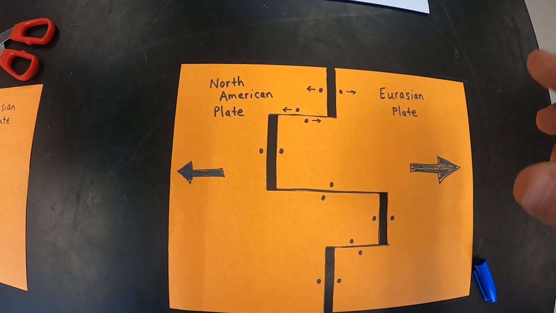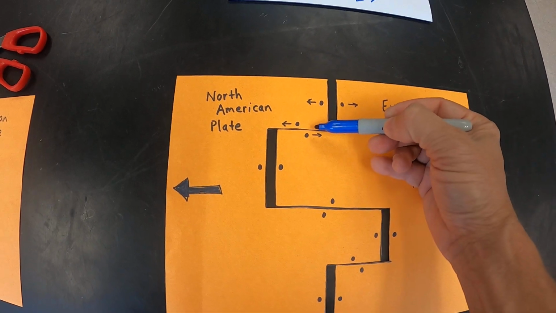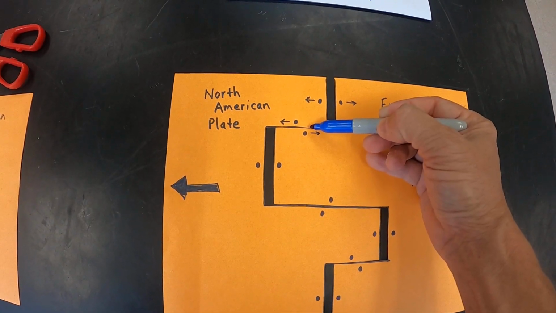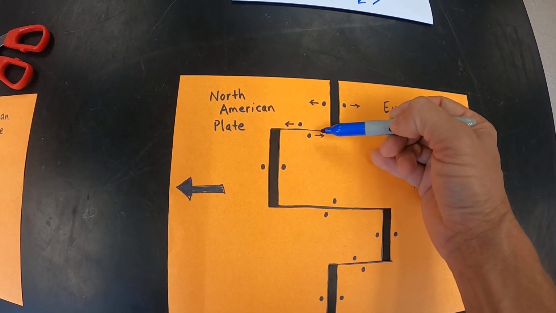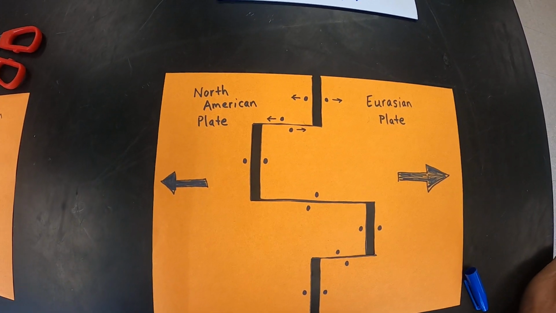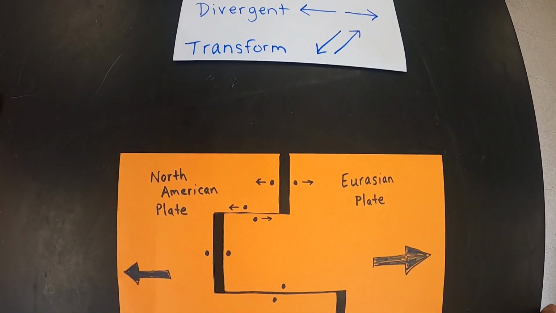The plate boundary isn't opening up and allowing new magma to come up. What's happening is they are sliding past each other. They're rubbing on each other at that plate boundary, with one moving one direction and the other moving the opposite direction. So that is an example of our transform boundary.